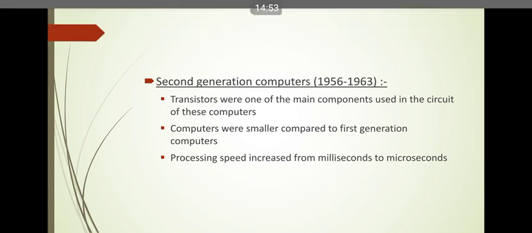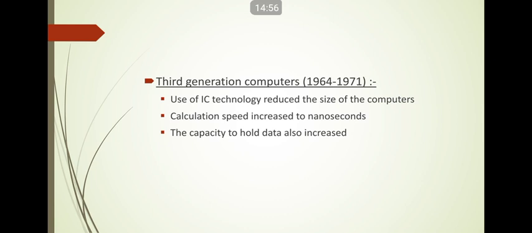Then comes the third generation computer. The duration of third generation computer was from 1964 to 1971. Again, I am repeating the time slot, 1964 to 1971. The feature of this third generation computer is the use of IC technology, which reduced the size of the computer.